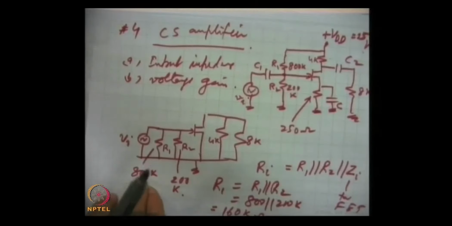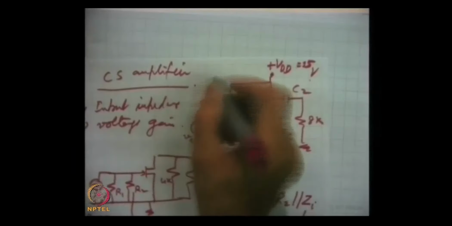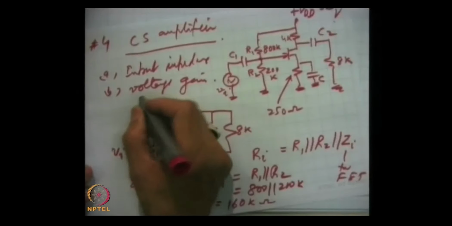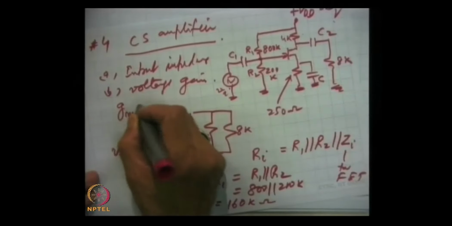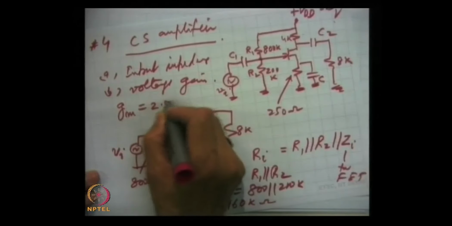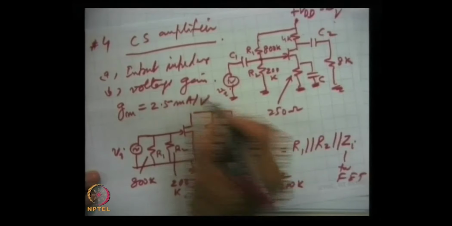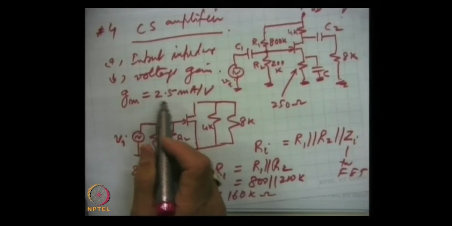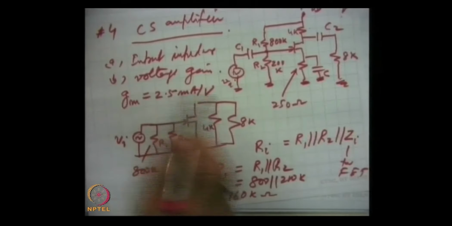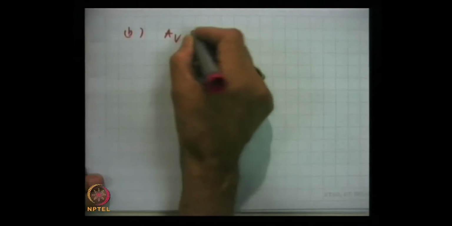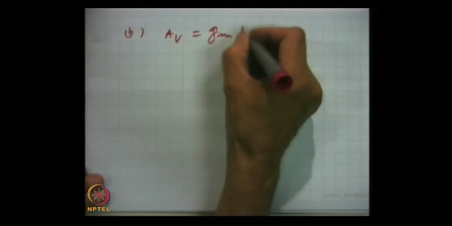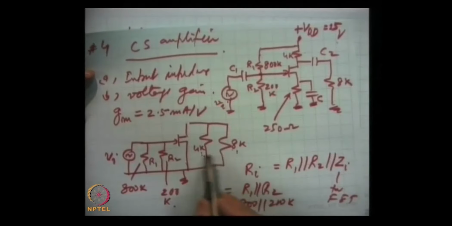And then gain. The gm was given for this actually, which I just forgot to write, that gm for the device is given as 2.5 milliamperes per volt, which is also written as millimhos. So, part B, the gain AV is simply gm into RL, the effective load. Effective load is the parallel combination of these two.